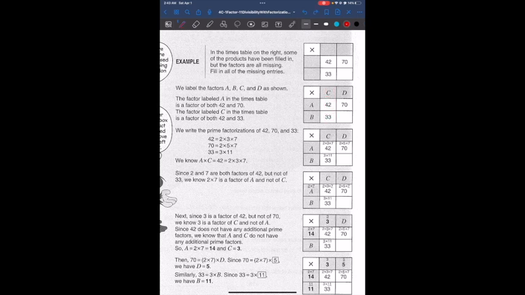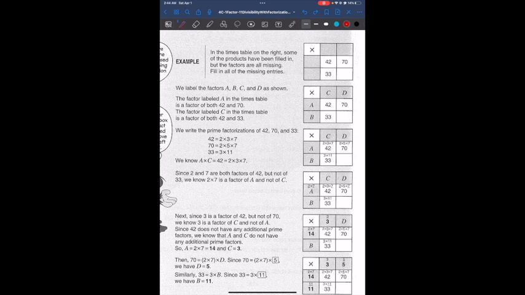And so 42 can be expressed as 2 times 3 times 7. 70 can be expressed as 2 times 5 times 7. And 33 can be expressed as 3 times 11, which is given here. So those are the prime factorizations. And we know that A times C must equal 42.